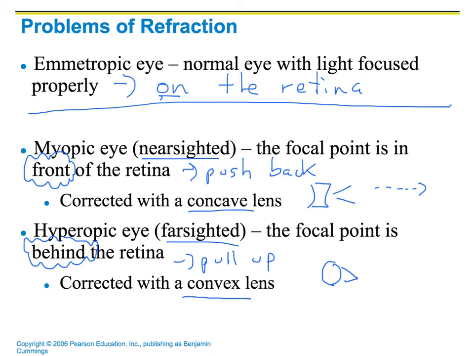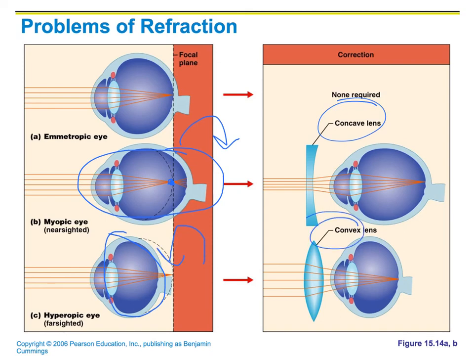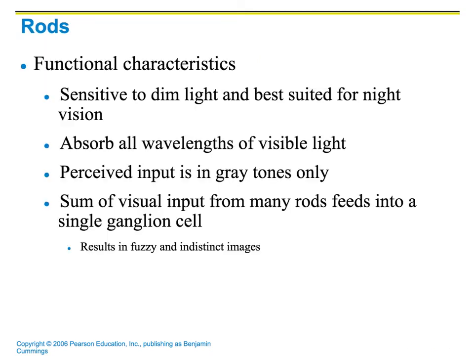I'll stick with pull up, but what we want to do is squeeze it more quickly to fit it onto the retina. So in nearsighted, that image is in front of your retina because your eyeball is too long. So again, we want to push it back, and we're going to do that with a concave lens. In farsightedness, your eyeball is too short. The image is behind the retina, we want to pull it up, and we're going to do that with a convex lens.